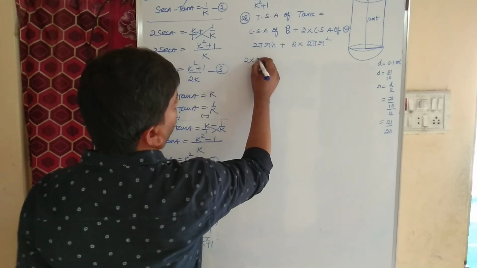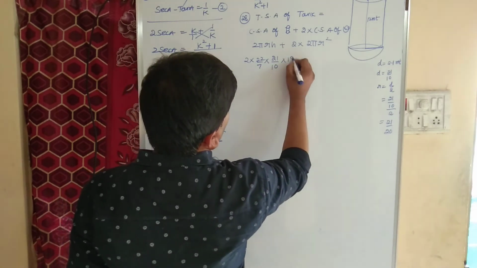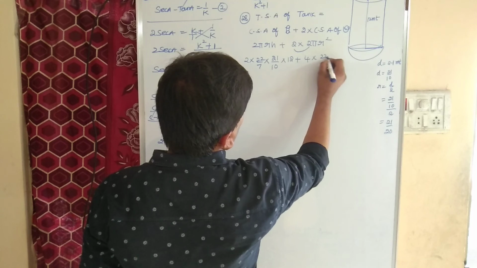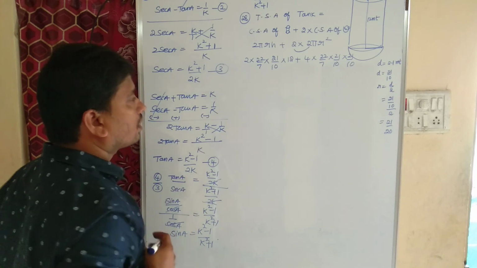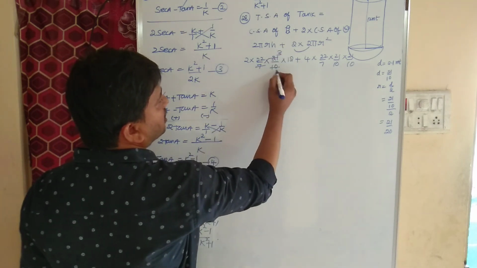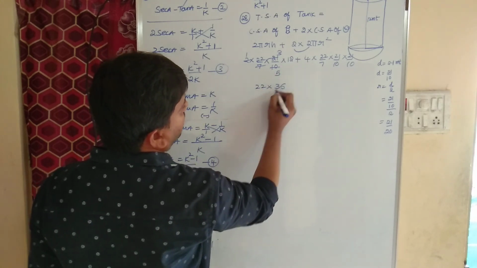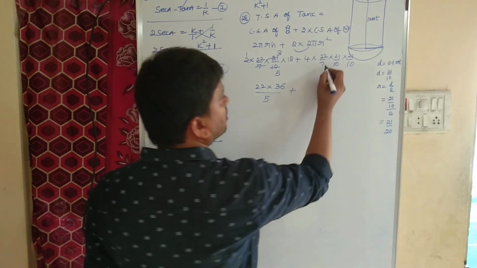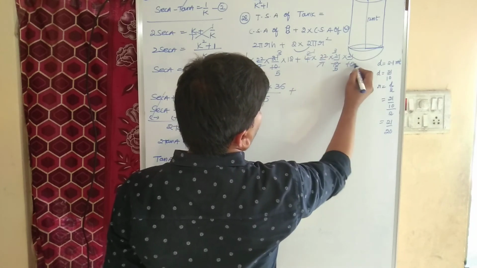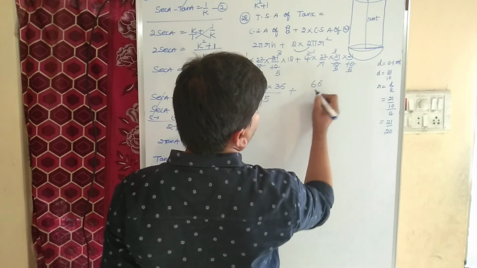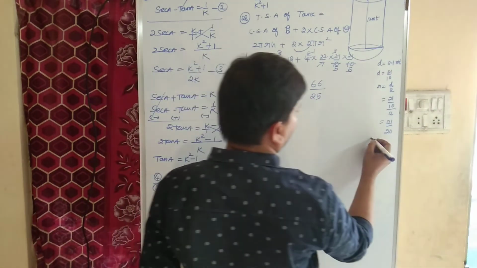So 2 into pi value 22 by 7, radius is 21 by 10, height is 12, plus 4 into 22 by 7, radius is 21 by 10 into 21 by 10. Cancelling, we get 22 into 36 by 5 plus 66 by 25. What is 36 into 22, children?